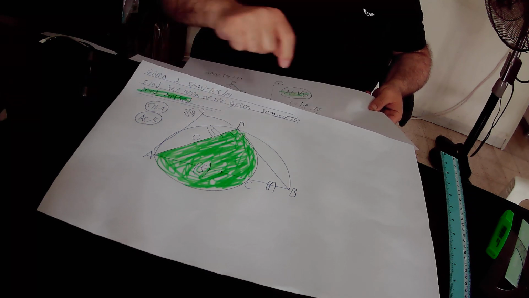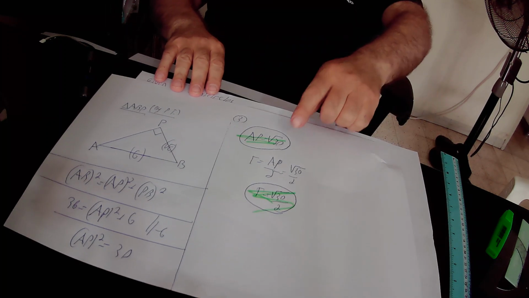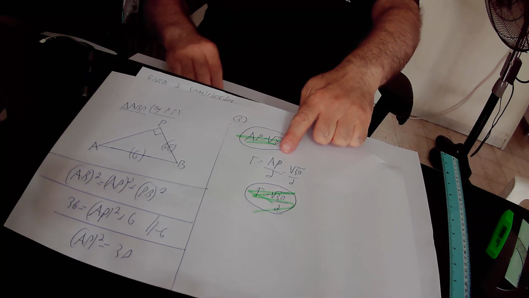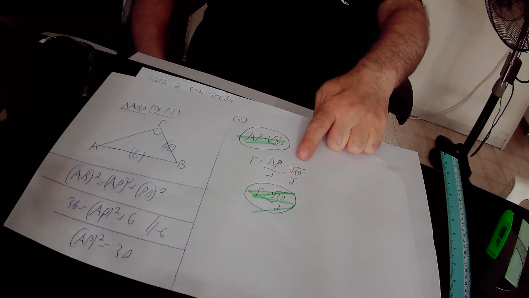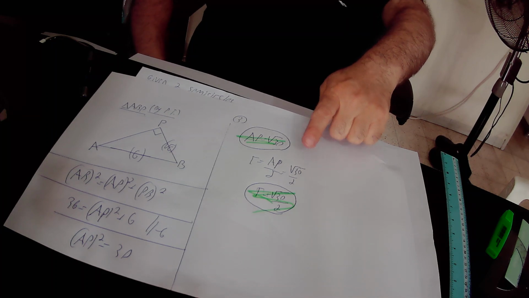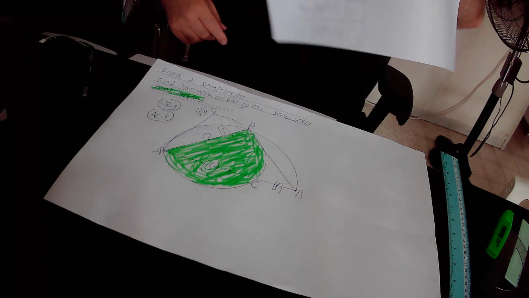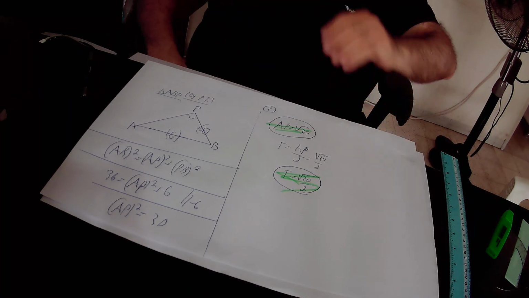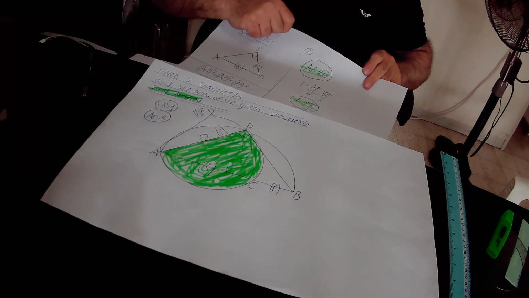So AP over 2 is the radius of this green semicircle. Since AP is the square root of 30, AP over 2 equals the square root of 30 over 2. So the radius R of this green semicircle equals the square root of 30 over 2.